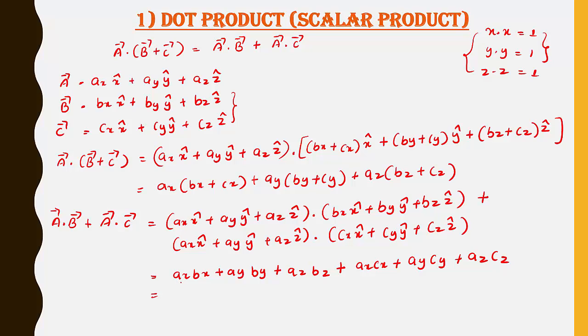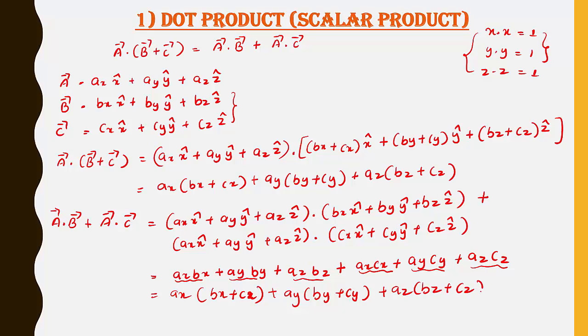Or we can take the x terms on one side: Ax Bx, Ax Cx, Ax is common, Ax into bracket (Bx plus Cx). Then Ay By, Ay Cy, Ay is common, (By plus Cy). Plus similarly Az Bz, Az Cz, Az is common, (Bz plus Cz).